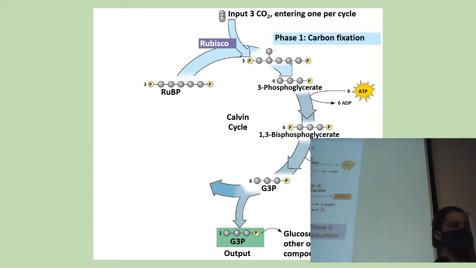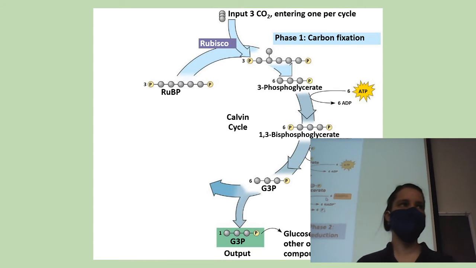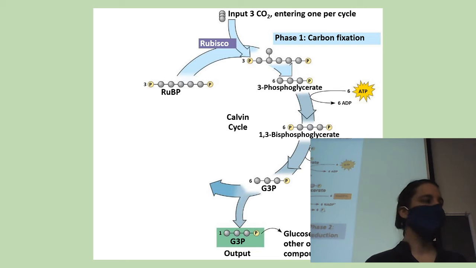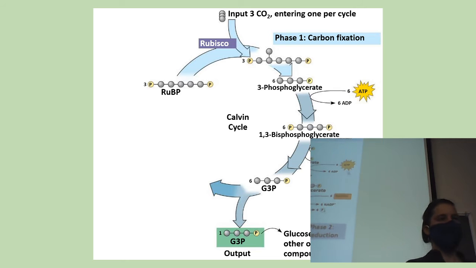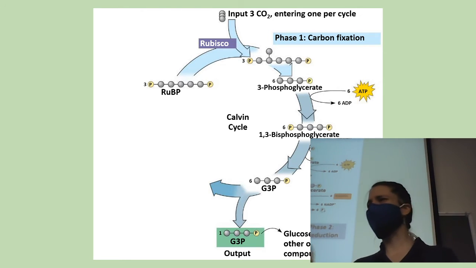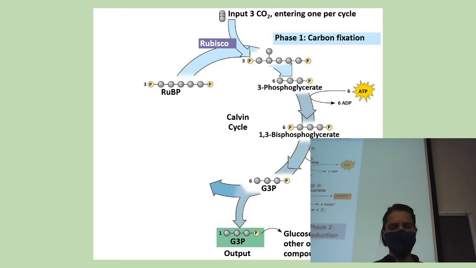It takes energy, ATP and NADPH, to rearrange all the electrons and carbons where they're supposed to be. But after paying energy in, you can end up building this nice little 3-carbon sugar. That little 3-carbon sugar is called G3P.